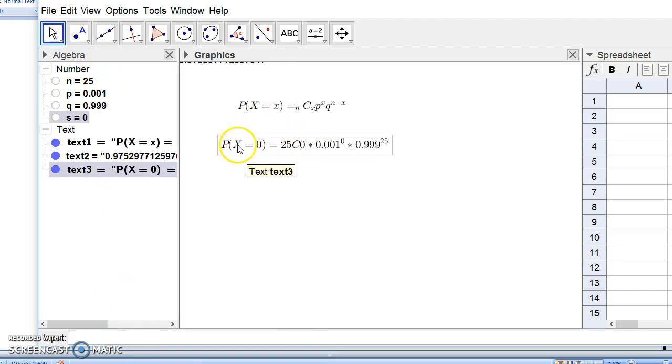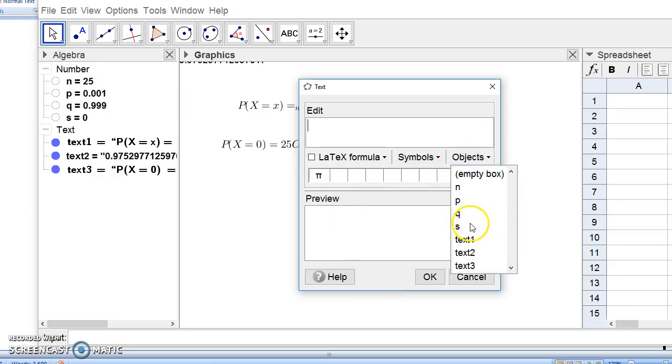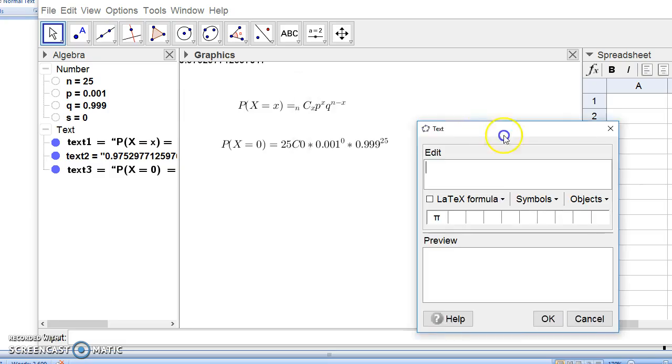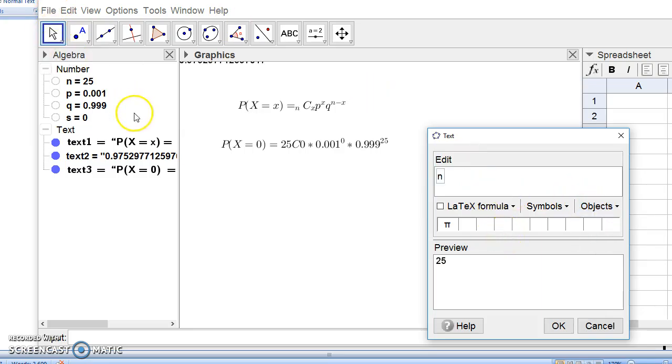Now our probability that we have 0 defective parts is 25, choose 0, 0.001 to the 0, 0.999 to the 25, okay? Now, when we actually calculate this, the actual result of this, right? Let's just grab it from before.